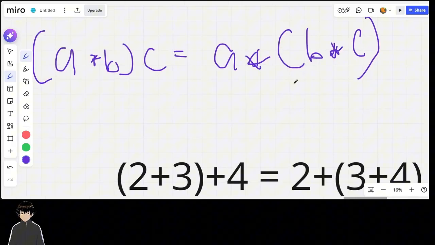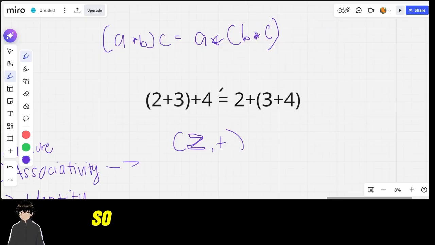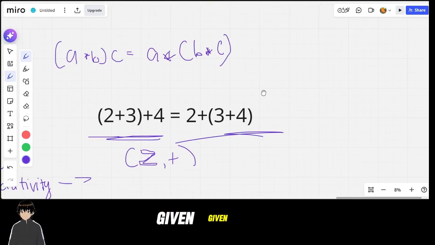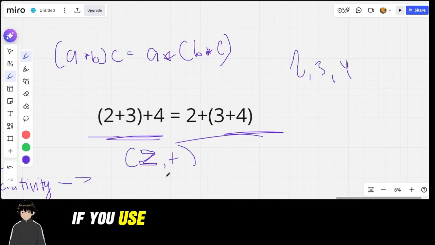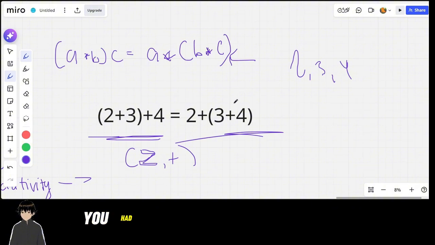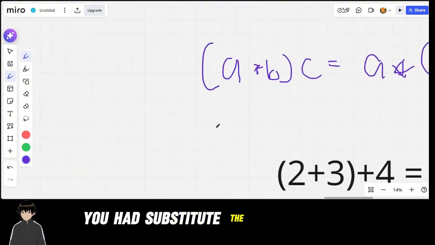Given these three numbers, 2, 3, 4, if you use this general formula, you substitute the numbers here.